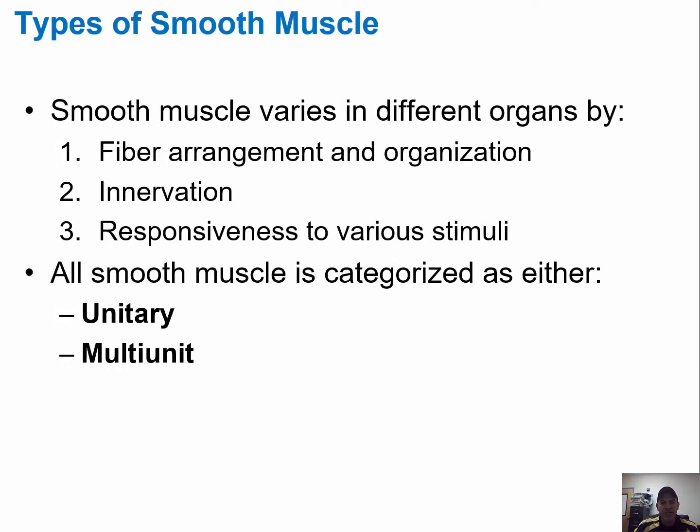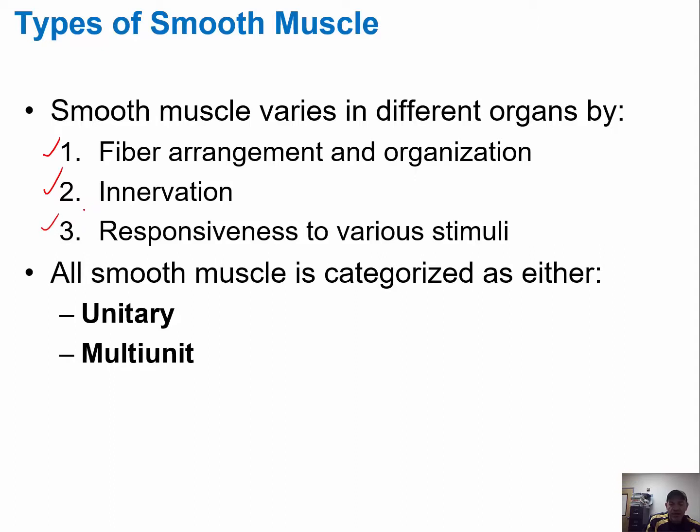So now we're going to look at the types of smooth muscle. Smooth muscle can vary in different organs by the following three items here. For the first one, your fiber arrangement and organization can vary, so how the individual smooth muscle fibers are arranged and organized. They can vary by innervation, how much innervation or no innervation, and responses to various stimuli.